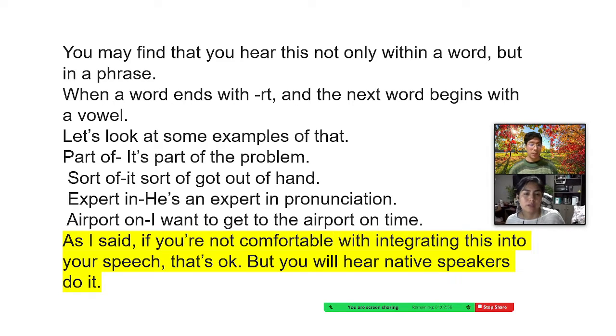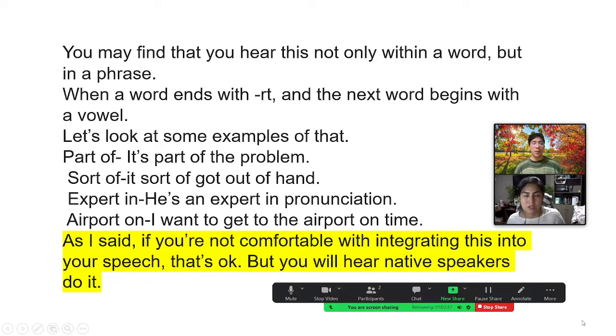Airport on. Airport on. Yeah, because you have airport and then you have on. Please use the rules and read the last sentence. I want to get to the airport on time.